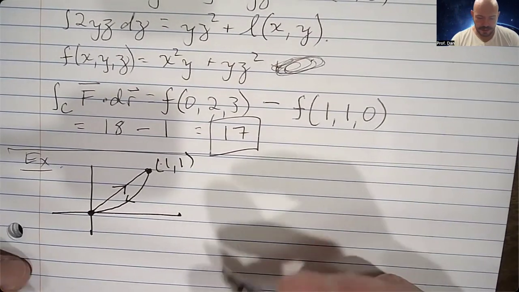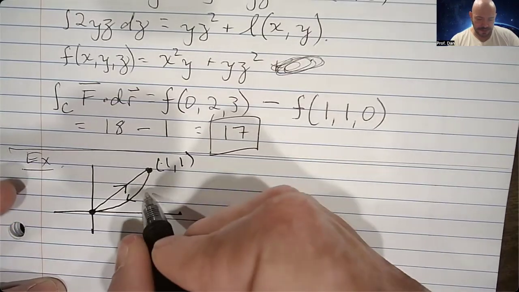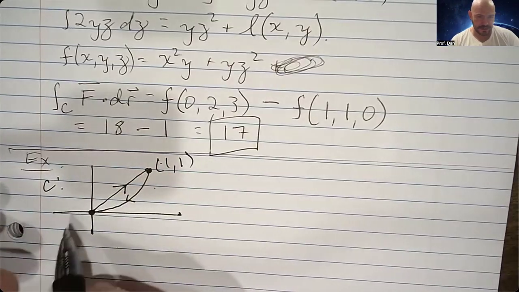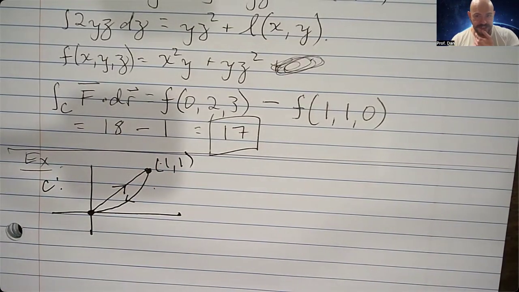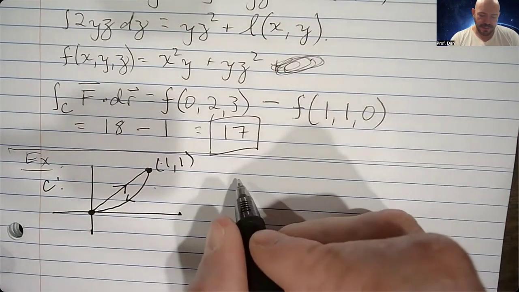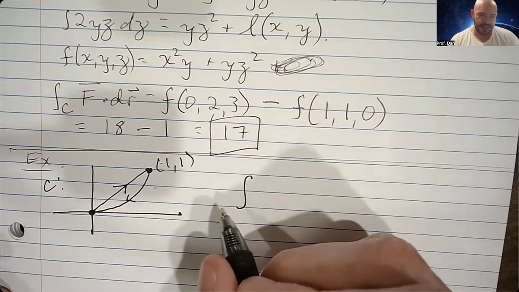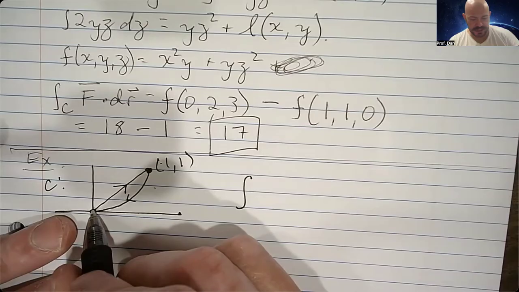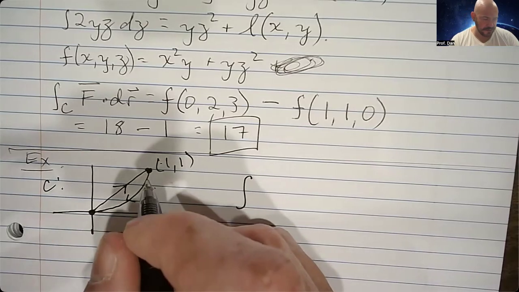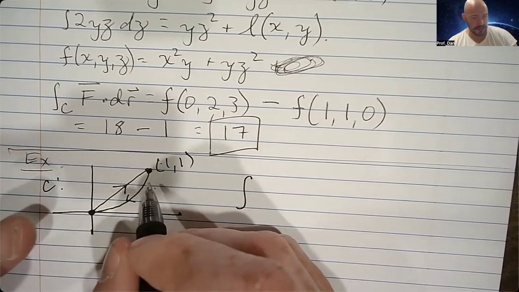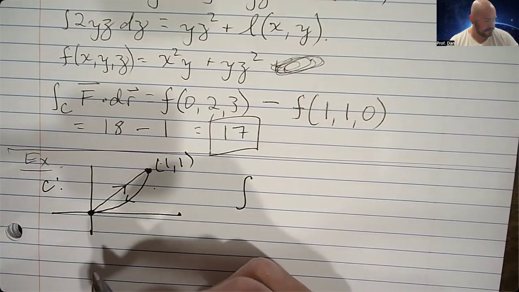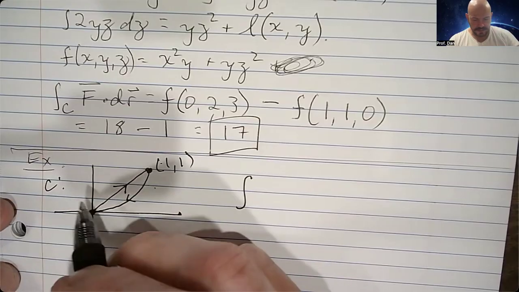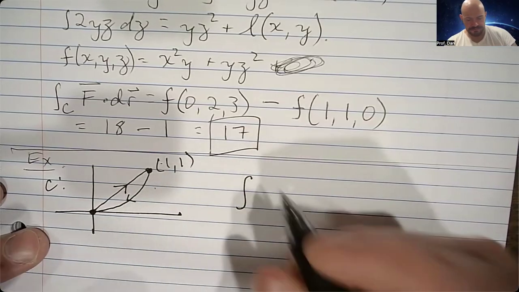So if this were the case, this drawn out thing is my C. Remember, we had a specific notation for something like this. This is a case where we have functions that are simple and closed.